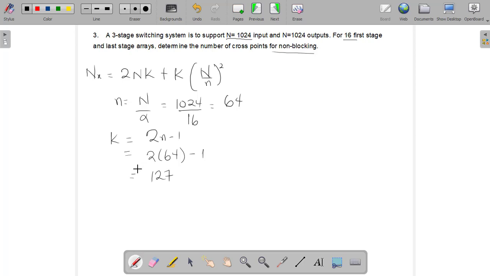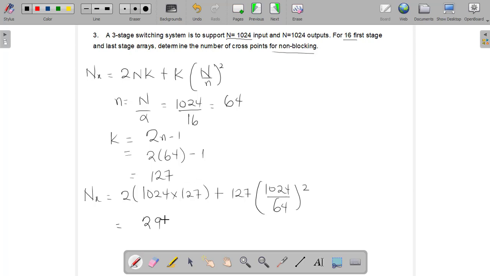If we substitute these values into the formula, we shall have 2 times 1024 times 127 plus 127 multiplying the expression 1024 divided by our small n, which is 64, all squared. And we have our final answer to be 292,608 cross points. So this is another very straightforward question. Let's move on to our next example.